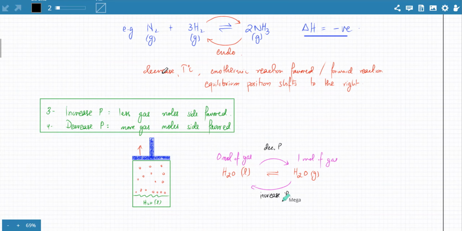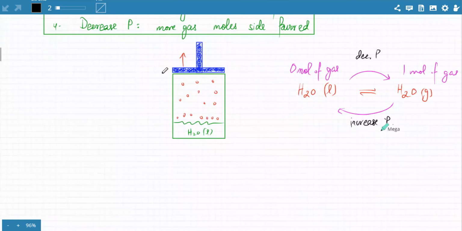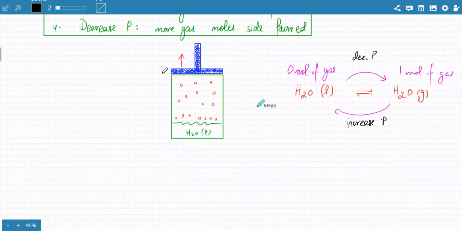Now the last point, let's sum that up in a single point. The fifth point is that if I increase concentration, and remember, we're talking about concentration, not the number of moles.